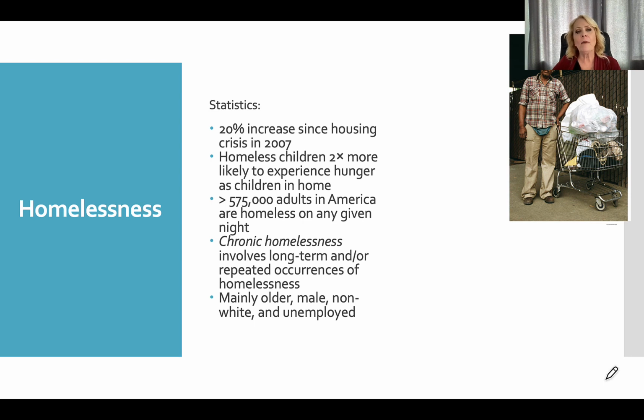So we do have a lot of chronic homelessness where people are homeless for long periods of time. And if you go into the homeless communities, you'll notice that mainly they're older men, mainly they're non-white males who are unemployed. But a lot of our homeless community are also people who have mental disorders.